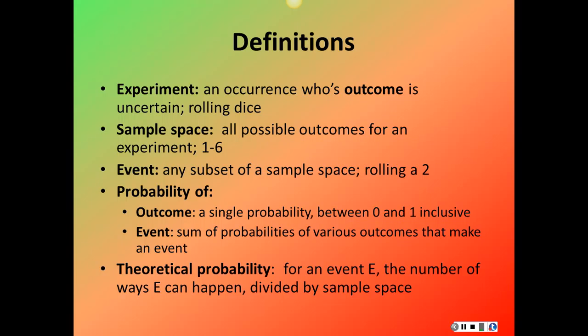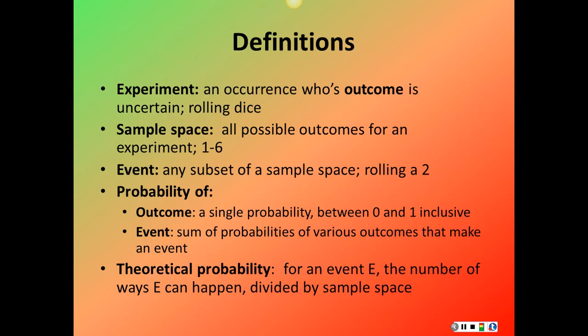So you say, well, outcome is not the same thing. Outcome is a little more specific. Event is usually defined as being a little broader. So outcome is typically one single result, whereas an event could be one or it could be multiple. So when we say the probability of an outcome, it's a single probability between 1 and 0 inclusive. That means it could be 0 or 1.